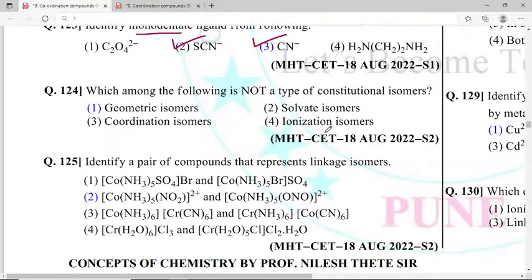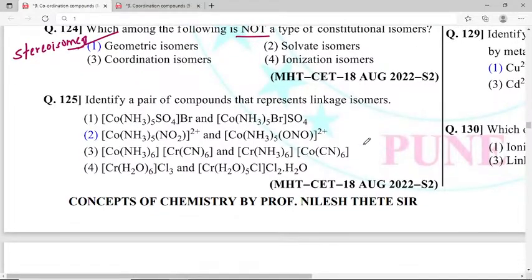Which among the following is not a type of constitutional isomer? Geometric isomer is a type of stereoisomer. Geometric, cis and trans. Identify the pair of compounds that represent linkage isomers. Linkage stands for NO2, ONO, nitro-nitrito.